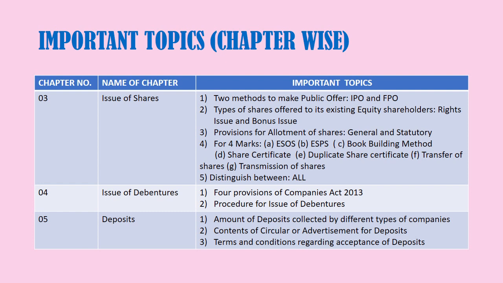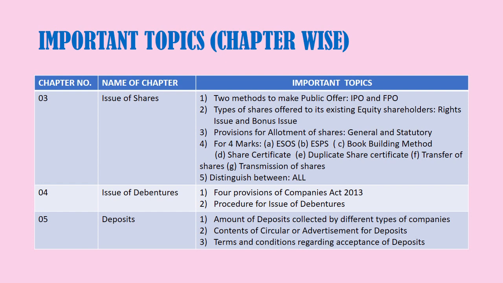Then we have the fourth chapter, issue of debentures. There are the provisions of Companies Act 2013 and the procedure for issue of debentures. Please do these 2 topics very nicely from this chapter. Then the fifth chapter, deposits.